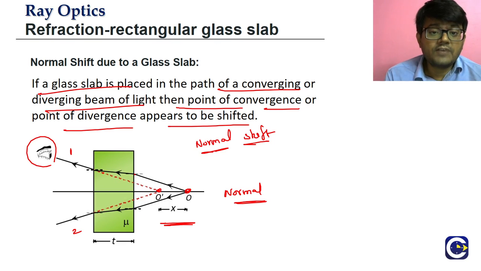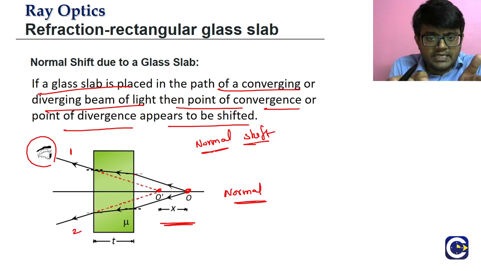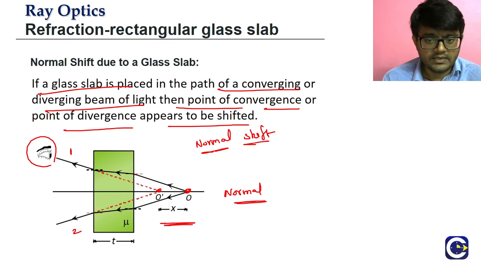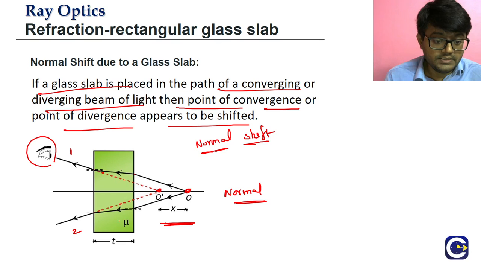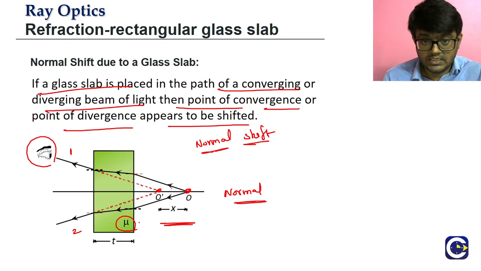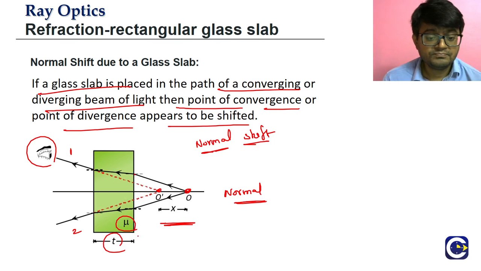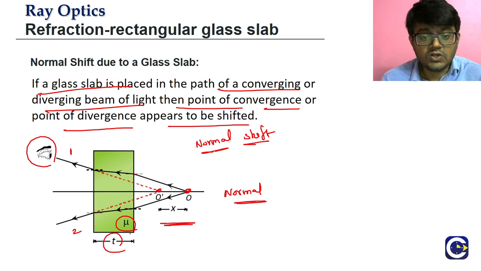So the point of convergence or point of divergence appears to get shifted, and we will measure the shift along the normal line. That's the reason we call it the normal shift. Okay, and this normal shift value will depend upon the refractive index value of the glass slab. It will depend upon the thickness, and we'll see how we get the expression for the normal shift.